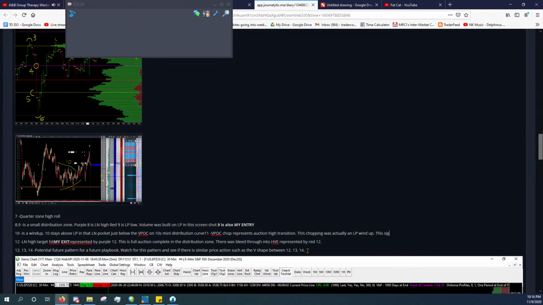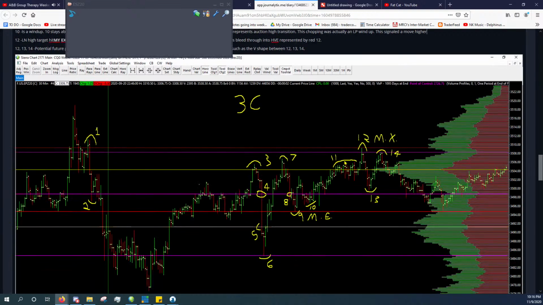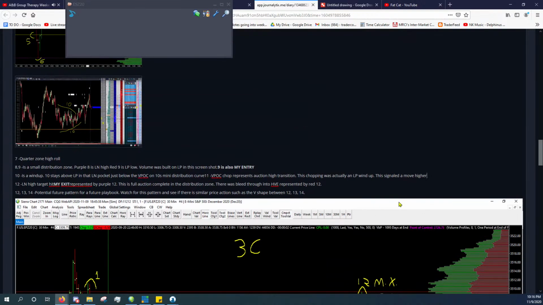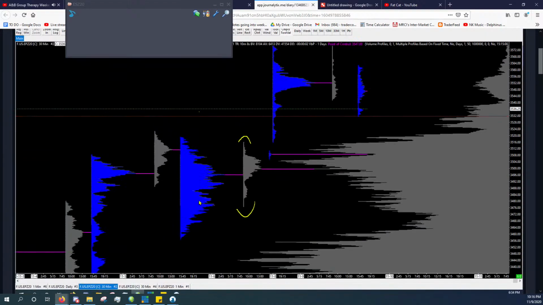This signaled a move higher. So that winding signaled a move higher in a sense, kind of like the chop that happened in 11. It did the same thing here. So let me just hashtag this and I'm going to shut it down.